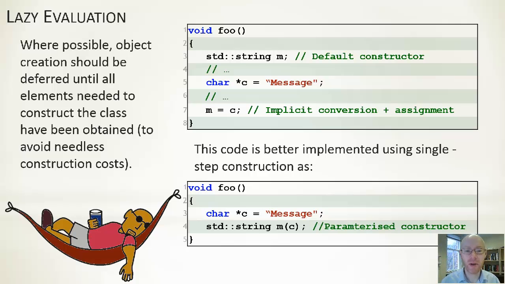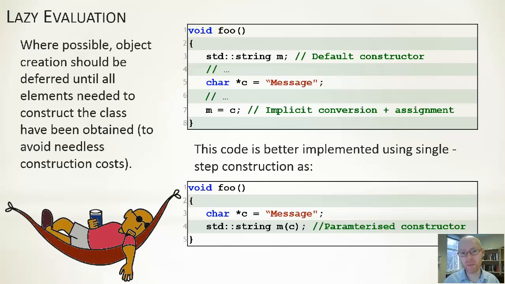So in line 3, we want to have a string called m. So we create it there, and the default constructor will be called. In line 5, we're bringing together the information we want to populate within, in this case, the string. In line 7, we're using the copy constructor to transfer that across. So we get an implicit conversion and assignment to it.